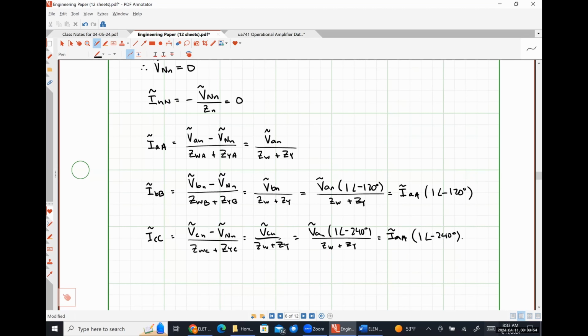So the C phase is just exactly what's going on in the A phase, except we shift it by 240 degrees, okay? Now we can mathematically do more of this stuff, but let's just talk our way through some things here.